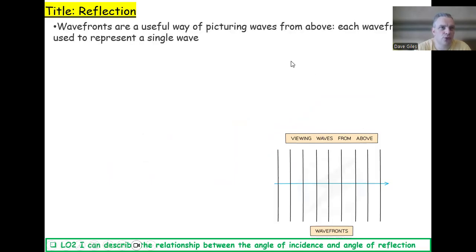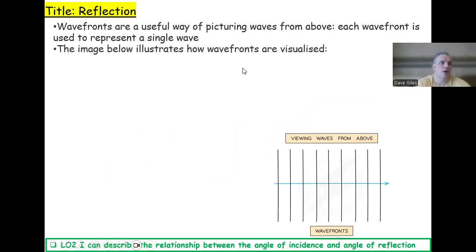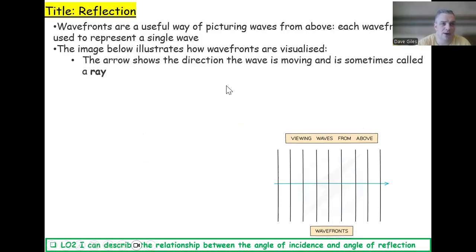So wavefronts are a useful way of picturing waves from above. Each wavefront is used to represent a single wave. So the distance between one wavefront and the next is the wavelength. The image below illustrates how wavefronts are visualized. The arrow shows the direction the wave is moving and is sometimes called a ray.